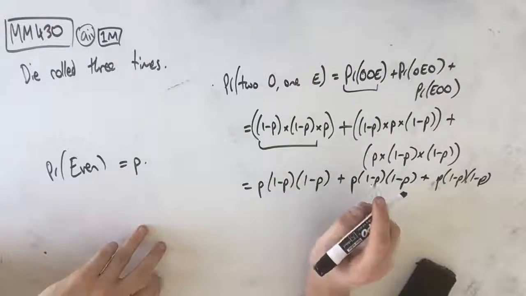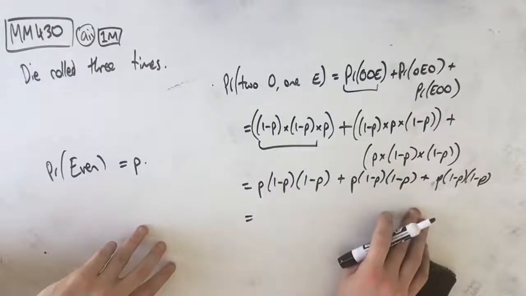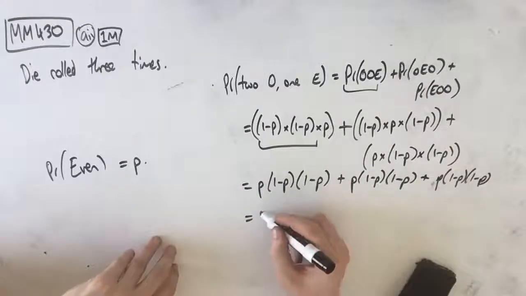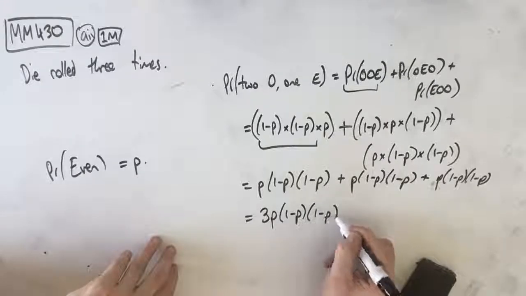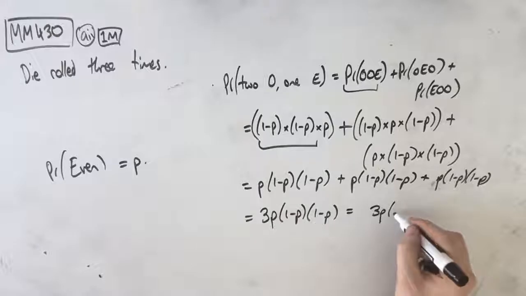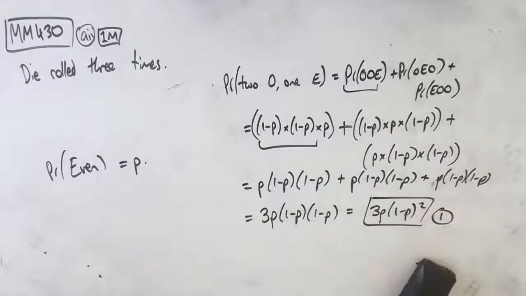Awesome. All of these are the same, which means they're all like terms, so we can add them together and end up with 3P(1 take P)(1 take P), which is 3P(1 take P) squared. This is our first and only mark for part AII, and that's it.